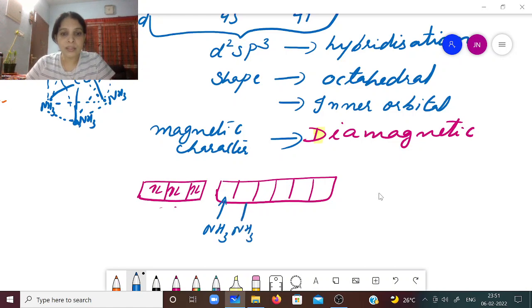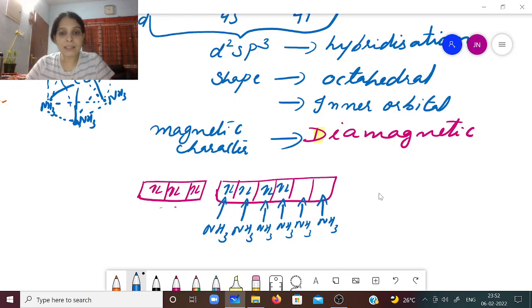So there is a bond formation where both the electrons are contributed by ammonia. So this is known as coordination bond. That is why these complexes are known as coordination complexes. Like this, here also you can see that a pair of electrons will come.